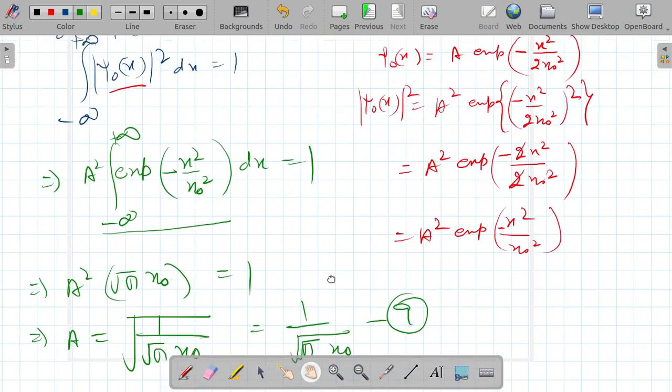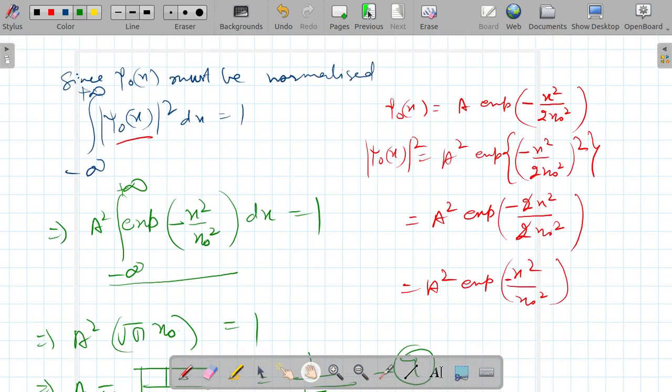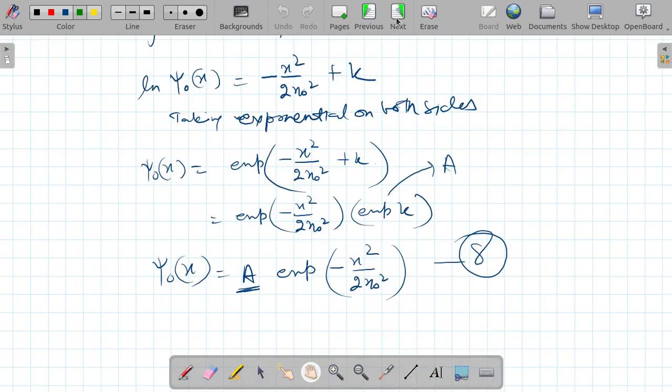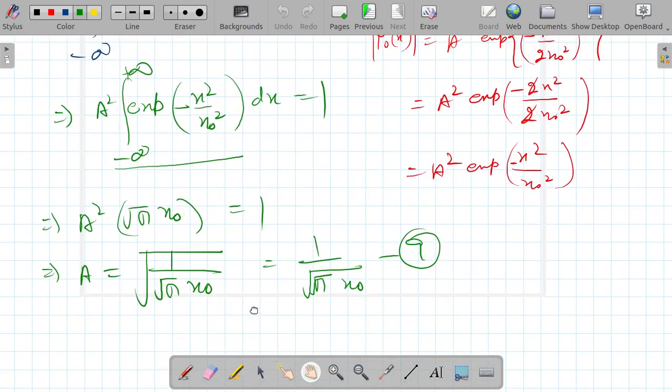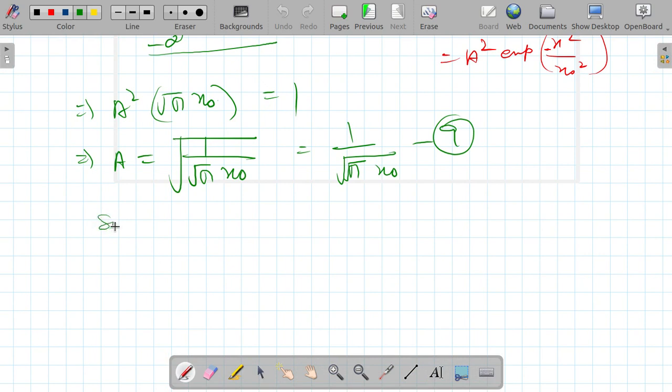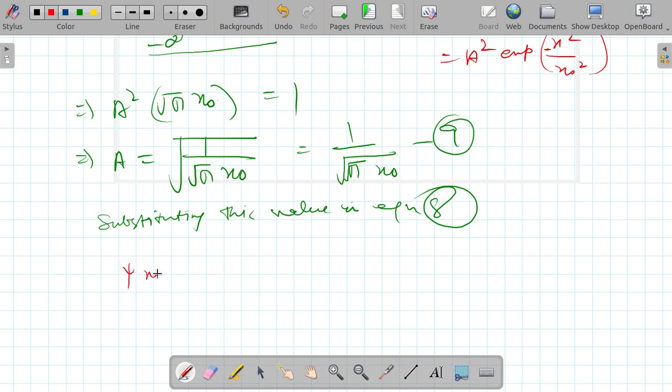So substituting this value in equation number 8, our equation number 8 will become psi naught(x) is equal to 1 over root pi x naught, whole root, exponential of minus x square over 2 x naught square.